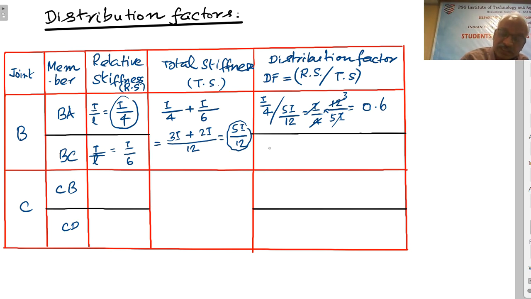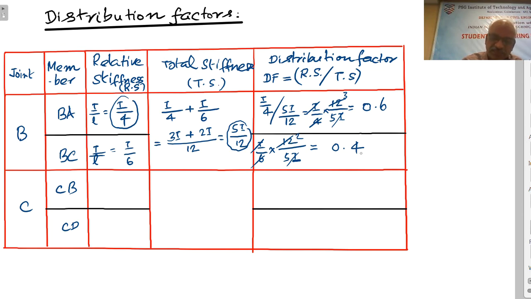Now for BC, it is I by 6 into 12 by 5I. This we have already shown in the previous step. Therefore this and this cancel, and this will become 2. So 2 by 5 equals 0.4. So that is the distribution factor for BA and BC.